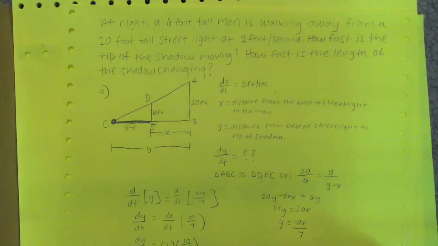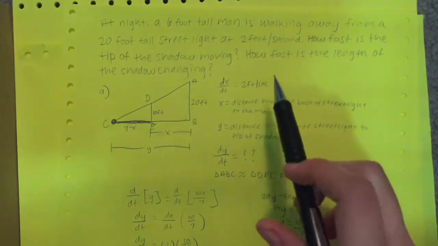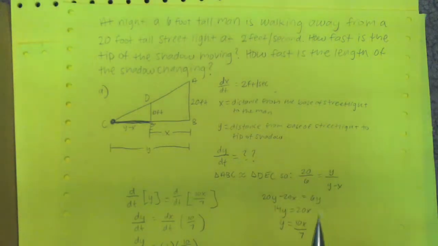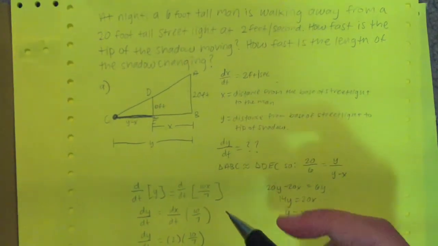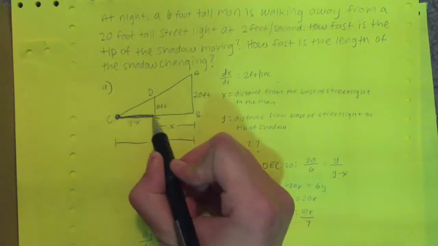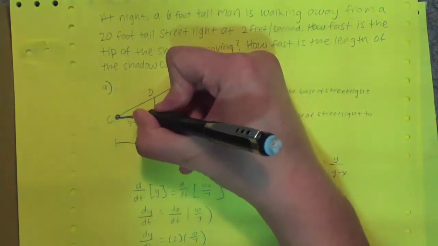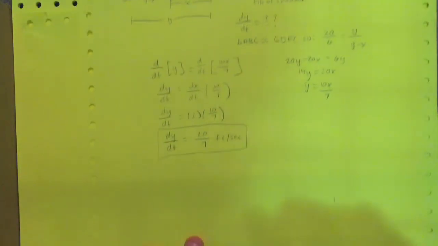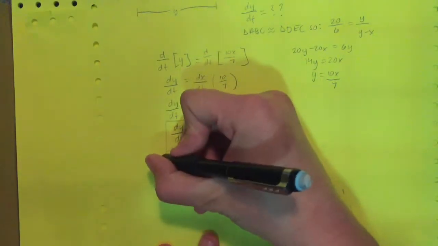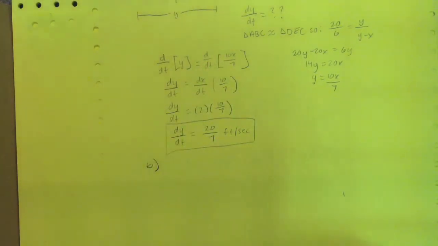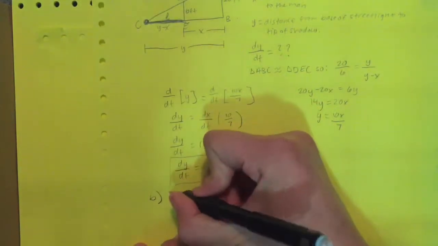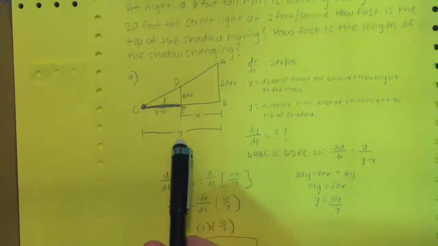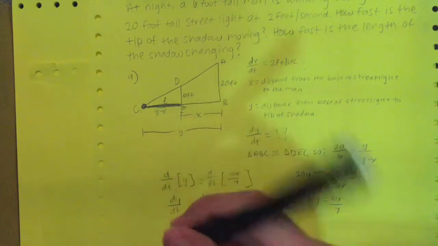Now we have: how fast is the length of the shadow changing? This is the length of the shadow right here, this dark spot. Let's rename this L for the length. Okay, this is letter B. We already said that L equals y minus x, because y minus x is this length right here.